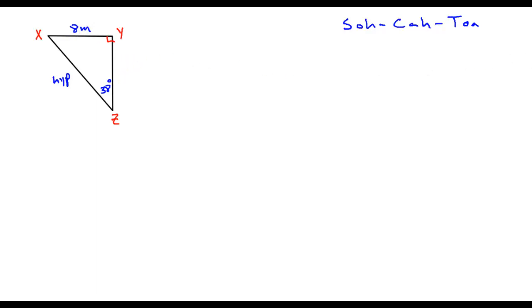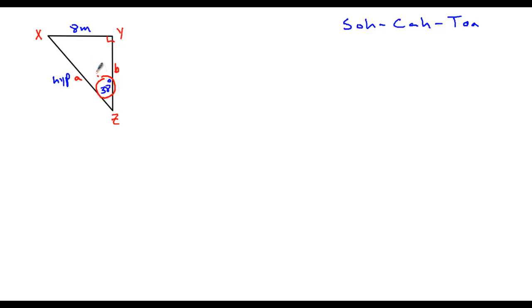So before I even start this problem, I'm going to label the sides. We'll say that the hypotenuse is going to be A, and this side over here is going to be B. Okay, so if we want to find the hypotenuse, let's say we want to find A. Well, we need to figure out where we're going to start. And this 38 right here lets us know exactly how we're going to do this problem.